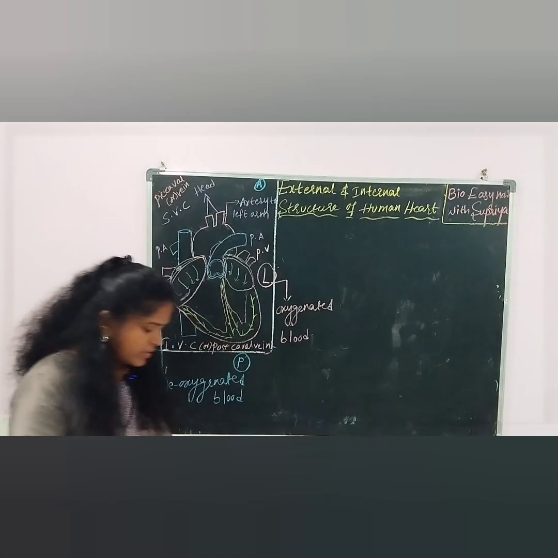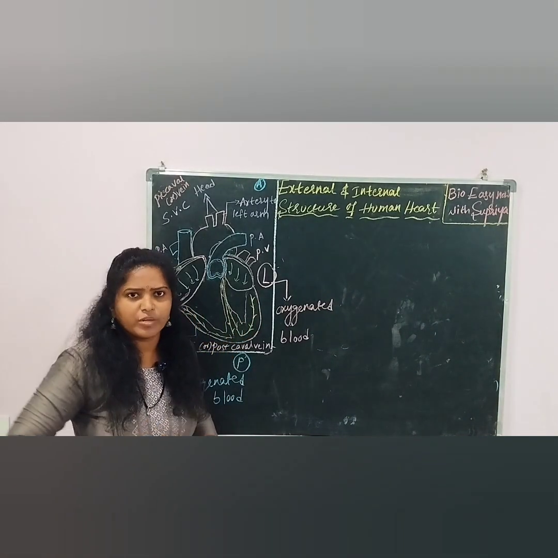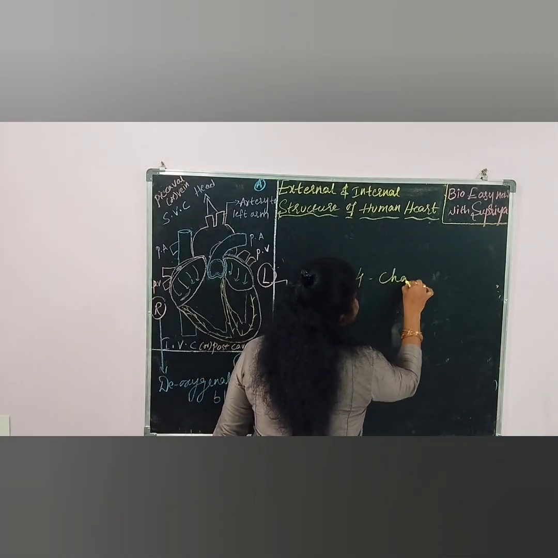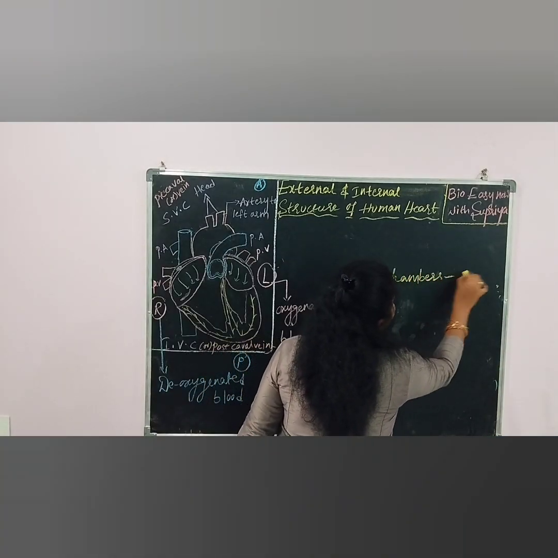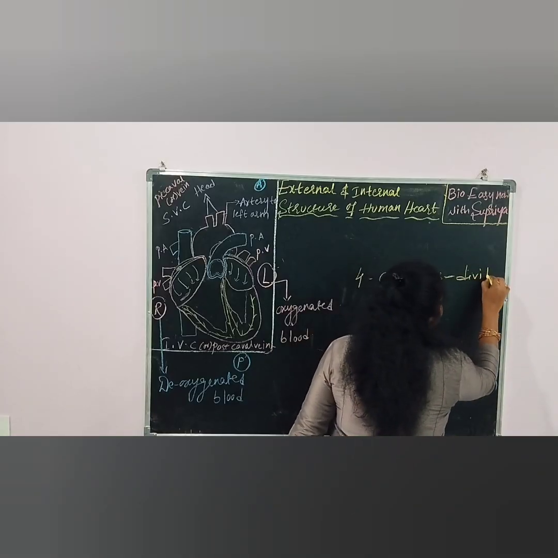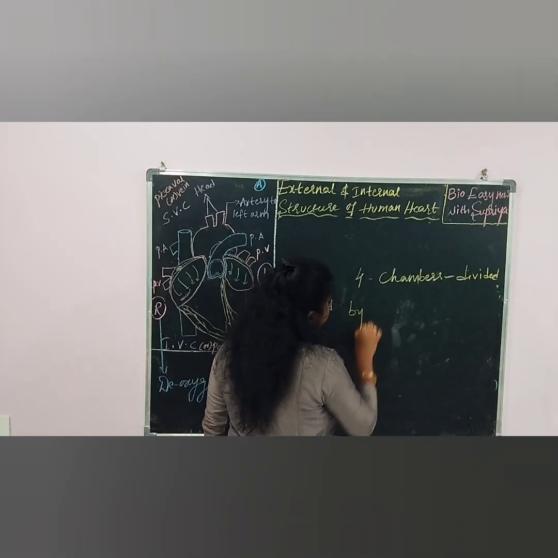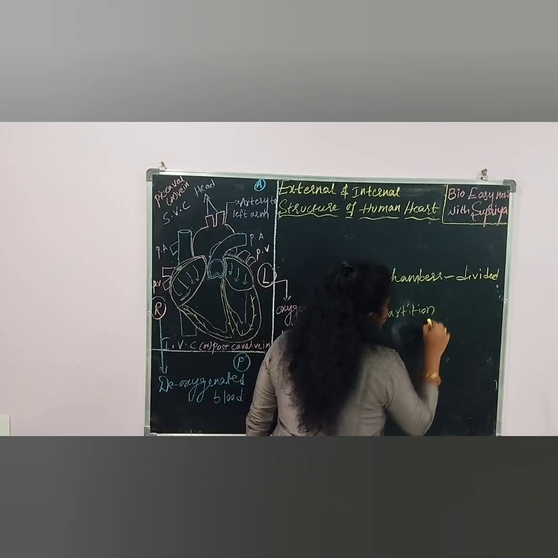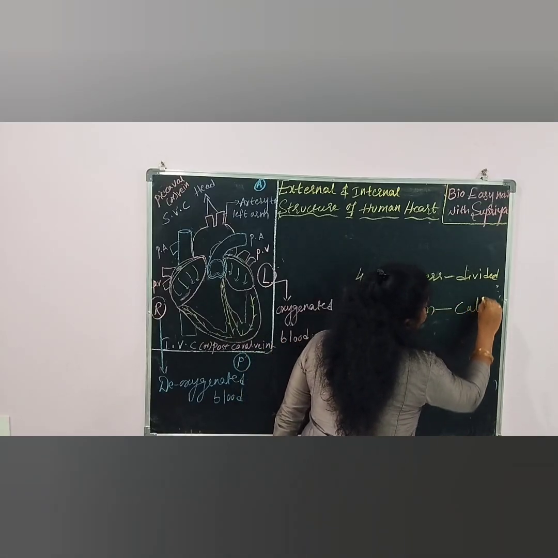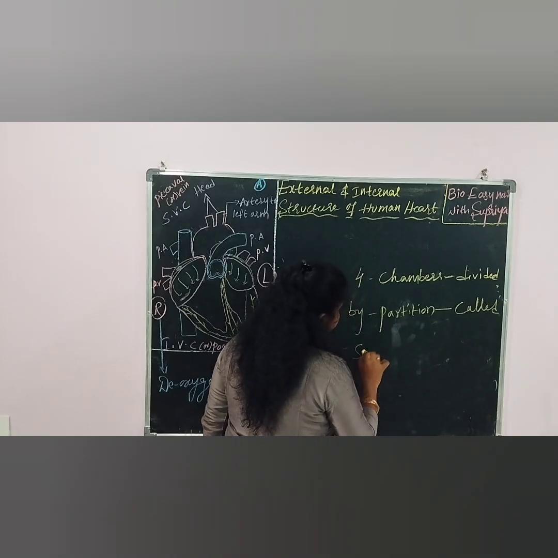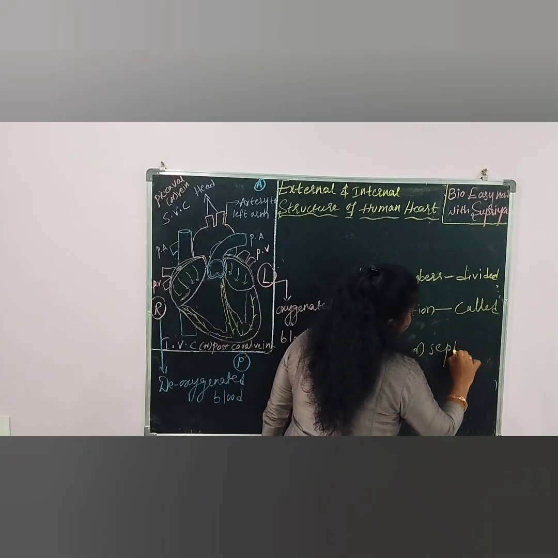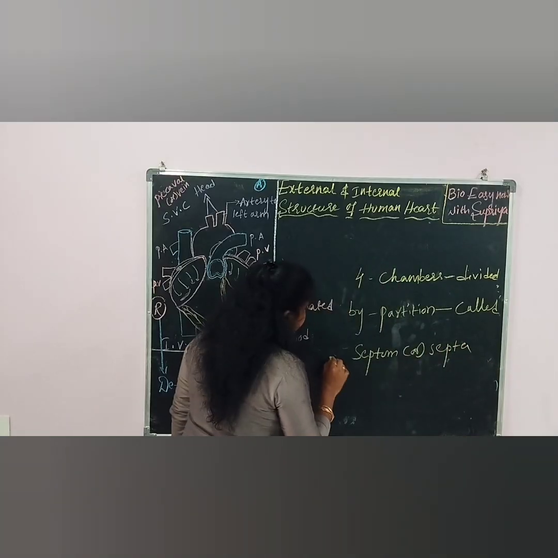I said that the heart is divided into 4 chambers. These 4 chambers are divided by a partition. That partition is called the septum or septa. One mark answer: what is septum?